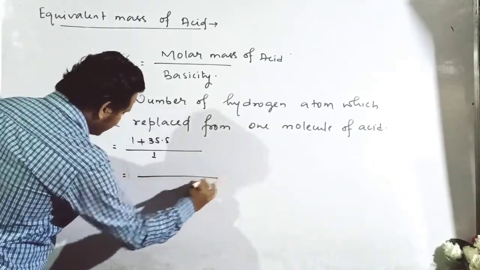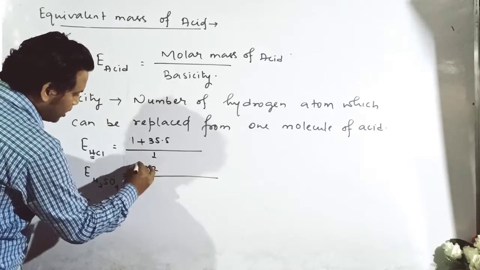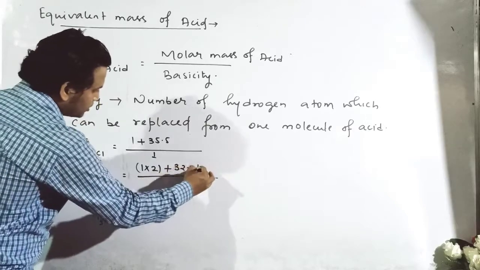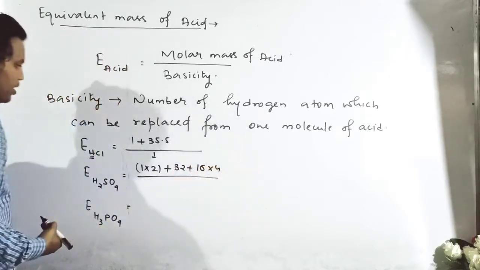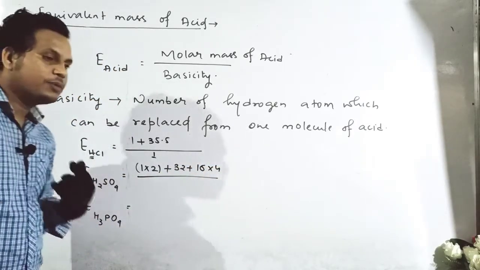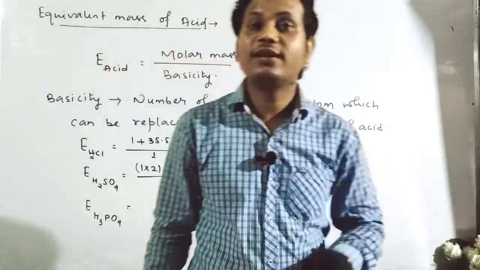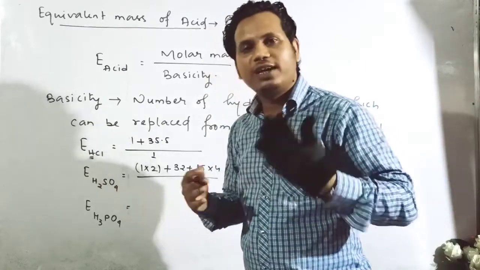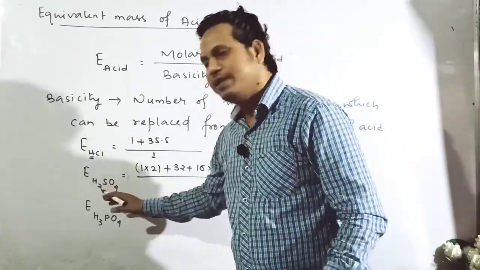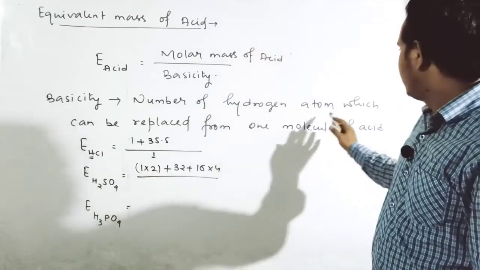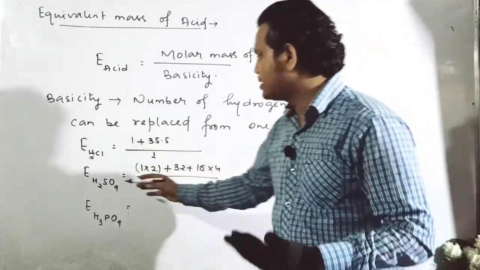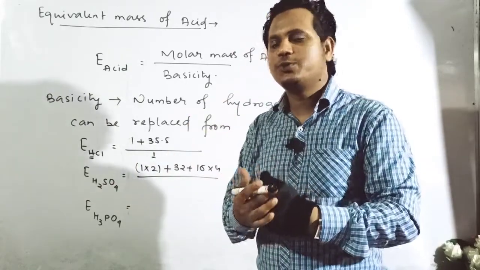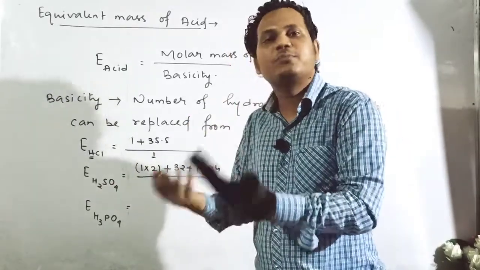Here H2SO4: 1 into 2 for hydrogen, sulfur 32, oxygen 16, 4 times. How many hydrogen atoms are there in sulfuric acid? There are 2 hydrogen atoms. How many can it replace? It can replace 2 atoms, because it can lose 2 hydrogen atoms, and in place of 2 hydrogen atoms any other substance may come.